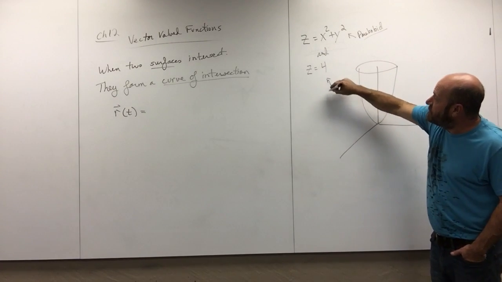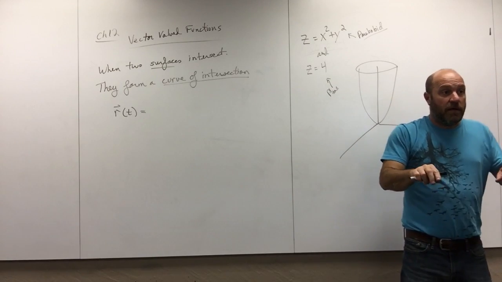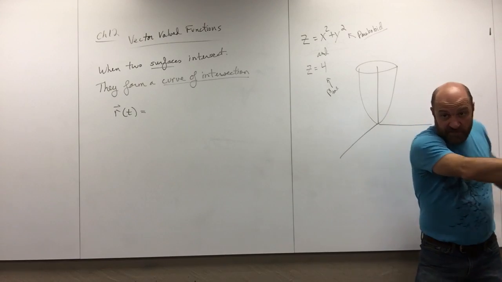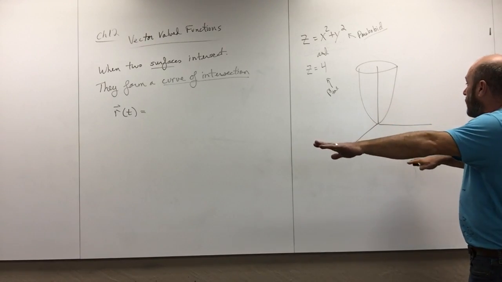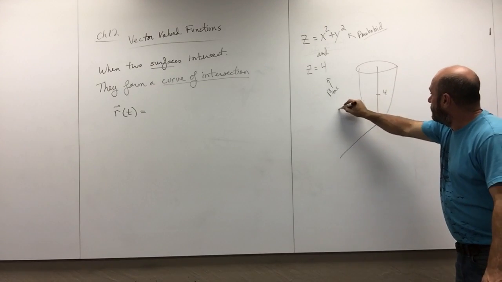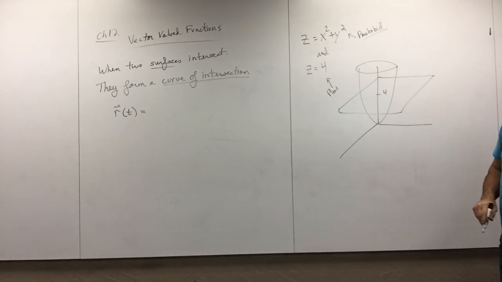Oh, he's nice. He's just a plane, a horizontal flat plane at z equals 4, which would be here.